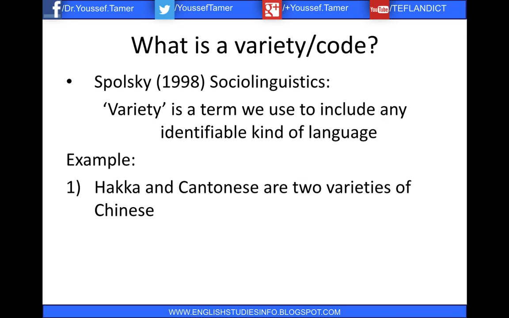For example, Hakka and Cantonese are two varieties of Chinese. You have Chinese, and in some areas you have Hakka, and in others Cantonese. This is for China.